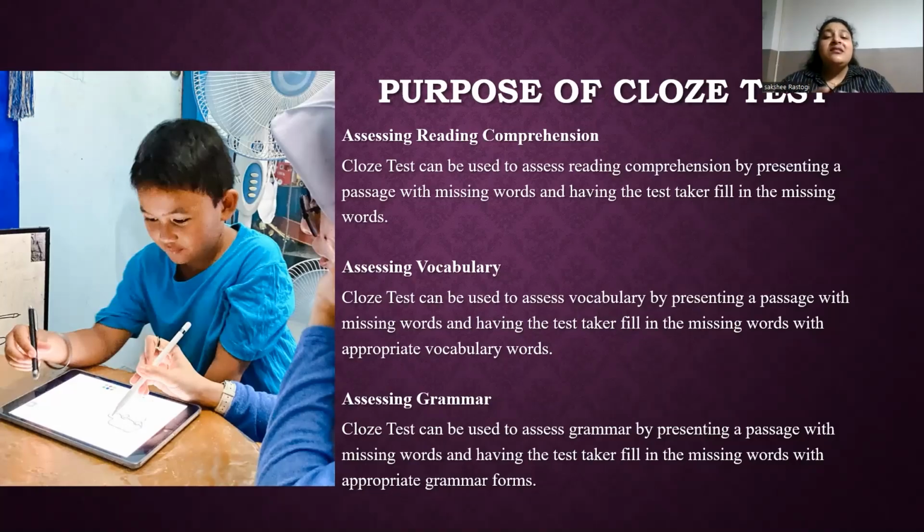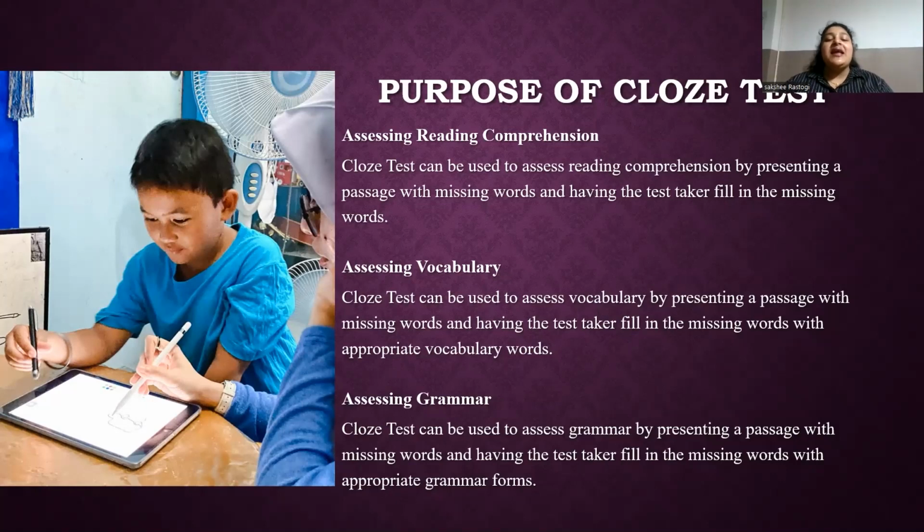It also assesses language skills for employment or academic purposes, to determine a person's language proficiency for a specific professional or academic requirement. By using closed tests, teachers, instructors, and language assessors can get a comprehensive picture of a person's language ability and identify areas for improvement.